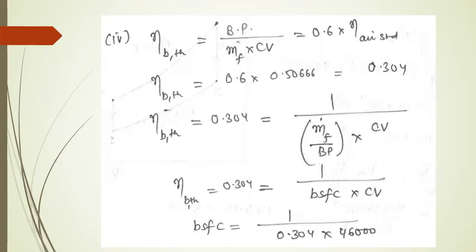Now we divide the formula expression for the brake thermal efficiency, that is its numerator and denominator, by brake power. So we get the formula: brake thermal efficiency, which is 0.304, is equal to 1 upon BSFC into calorific value. So the value of BSFC comes out to be 1 upon 0.304 into 46,000.